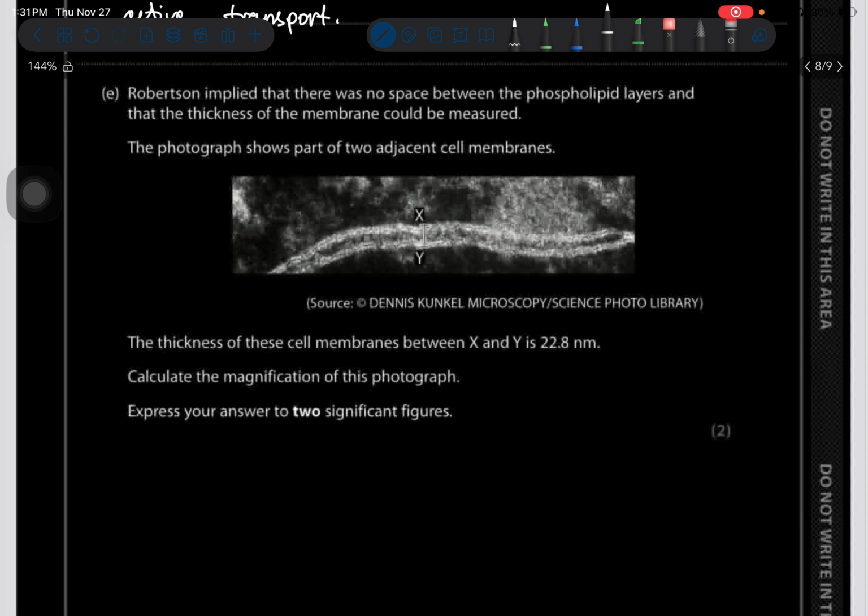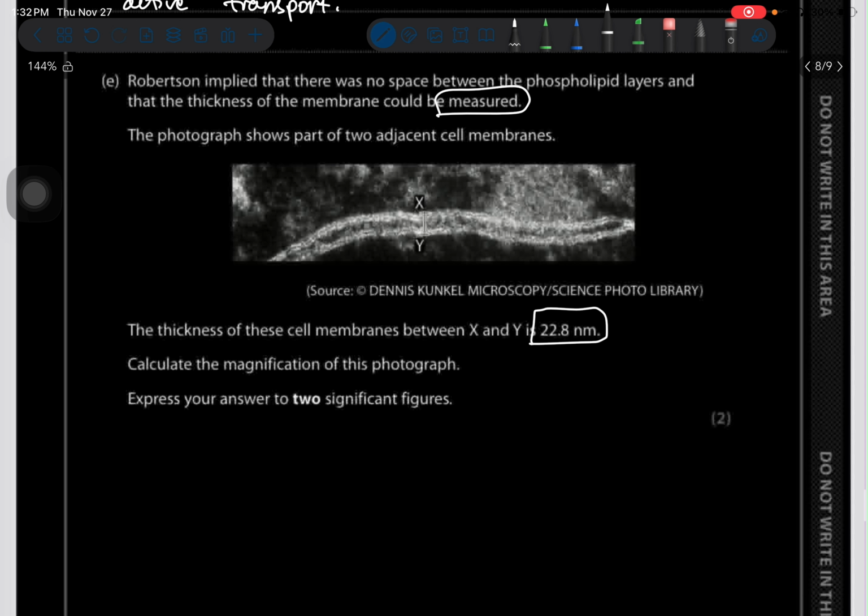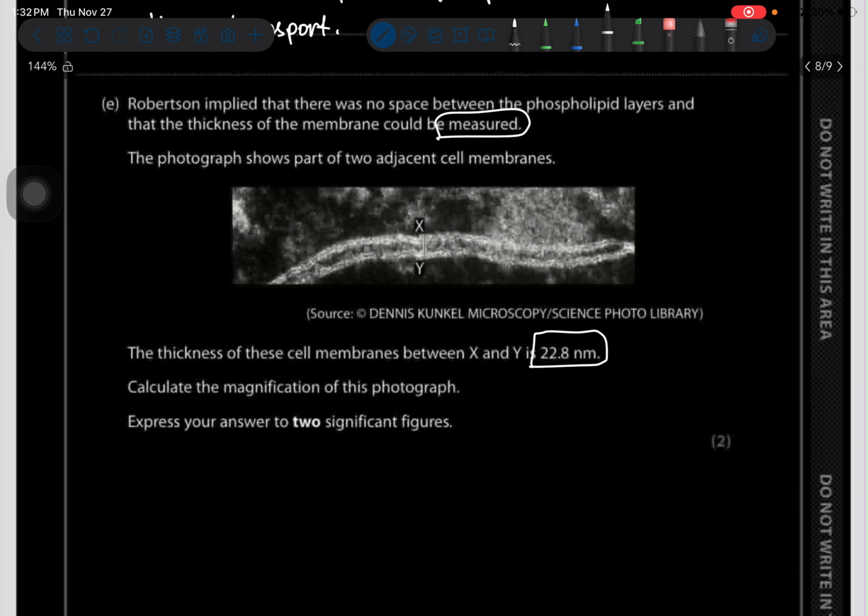this person implied that there was no space and that the thickness could be measured. Okay. Photograph shows two adjacent cell membranes. Thickness is 22.8 nanometers. Calculate the magnification. Since I'm on an iPad, I cannot measure the length here at the moment.